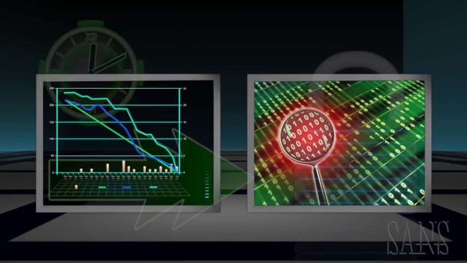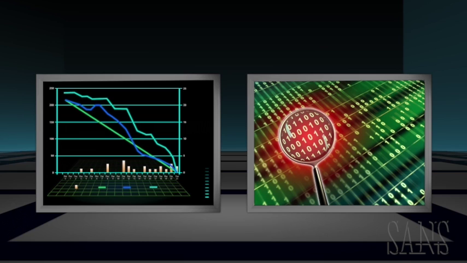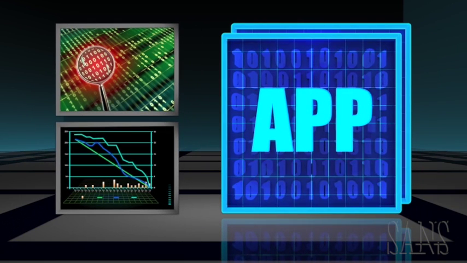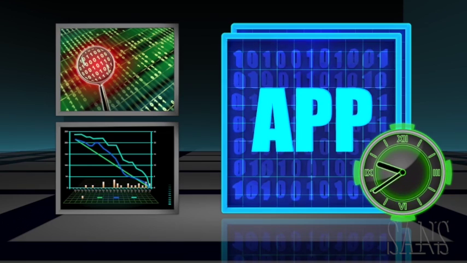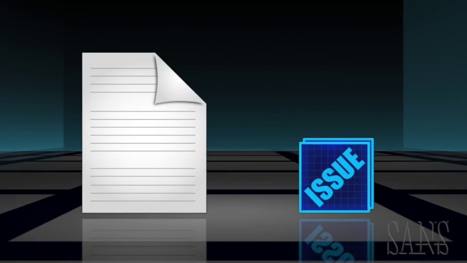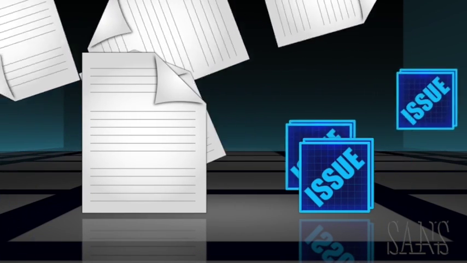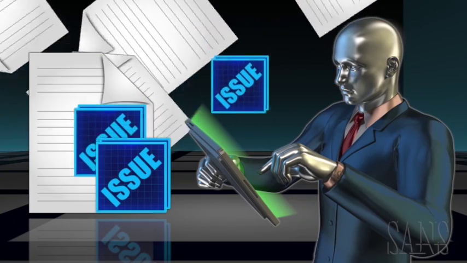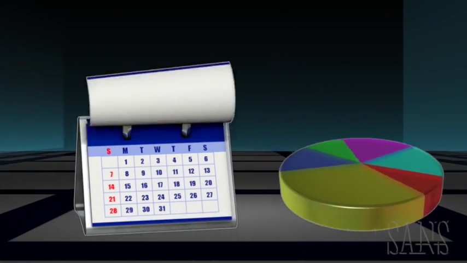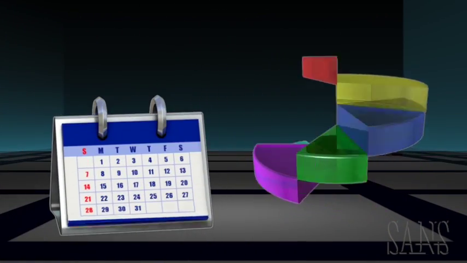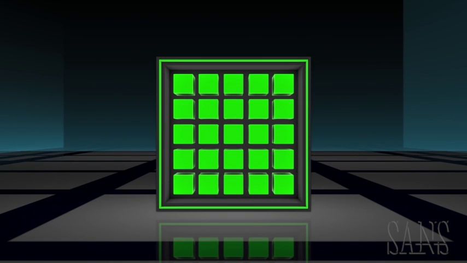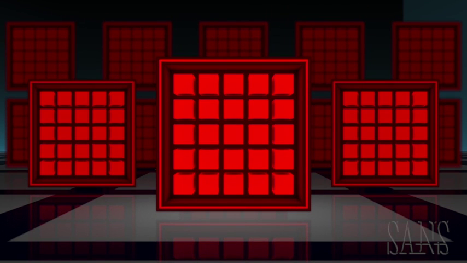Let's illustrate. Consider a scenario where static and dynamic analysis scans are run against a large application on a periodic interval. The scans produce a report with hundreds of pages and thousands of items that need to be researched by the security SME. After spending several weeks validating the results, the security SME delivers a report with hundreds of confirmed vulnerabilities.